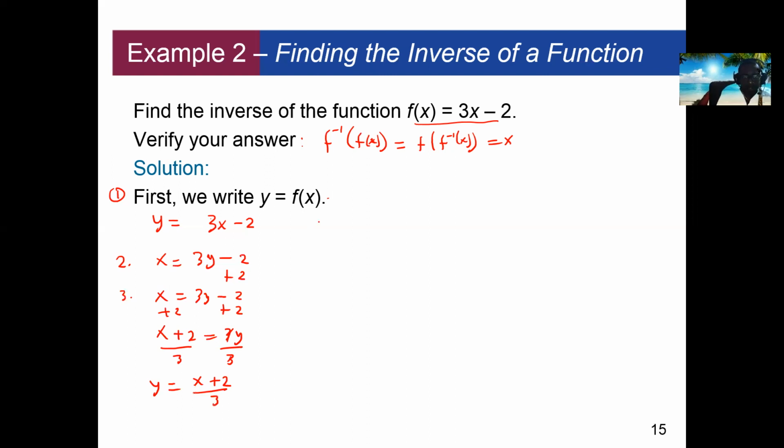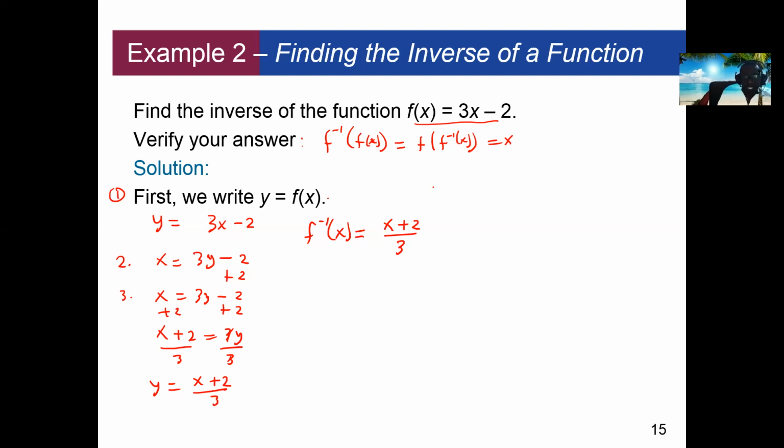So the f inverse, the inverse function in terms of x, is equal to x plus 2 divided by 3. Okay, all right. We can state it in terms of y as well, and we should get the inverse function.